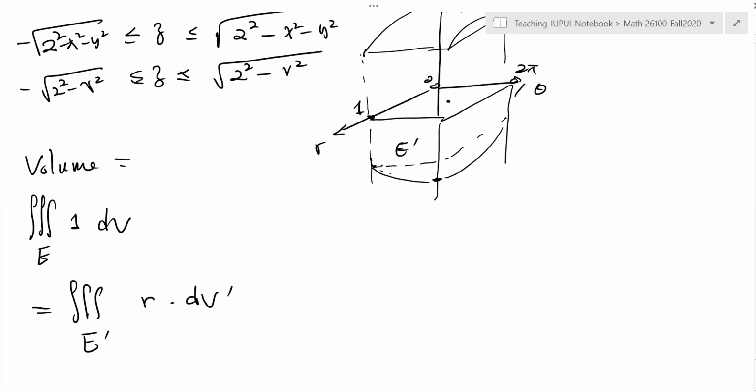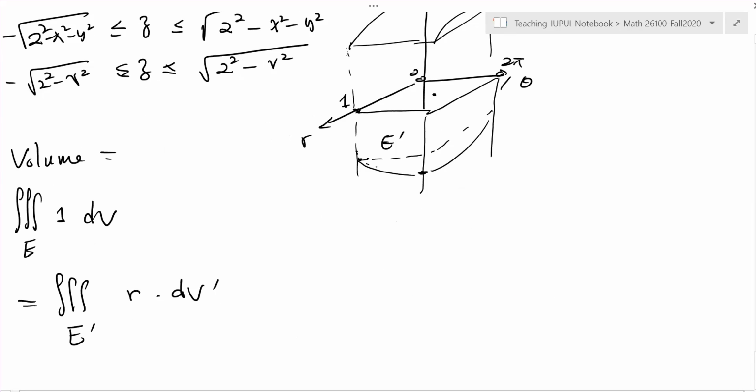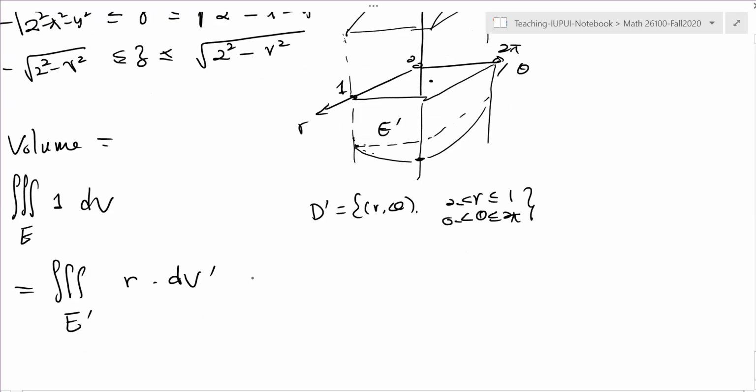Now this E prime you still have to change to an iterated integral. D prime is going to be r and theta, where r is between 0 and 1, and theta is between 0 and 2 pi. So it becomes a triple integral over D.